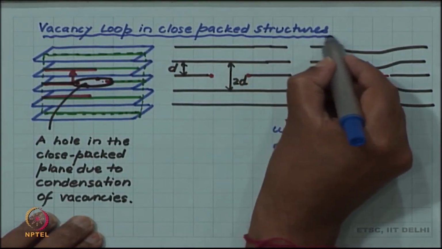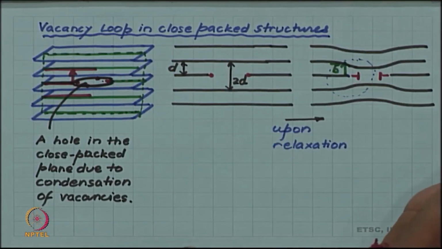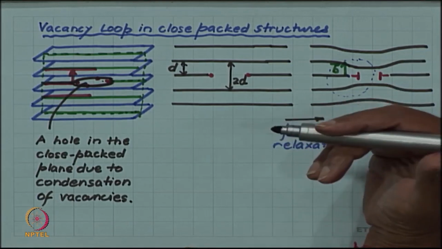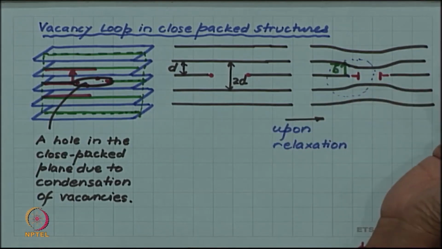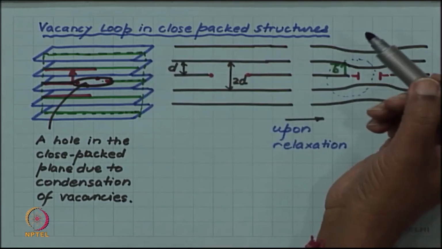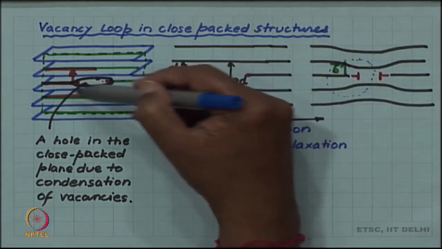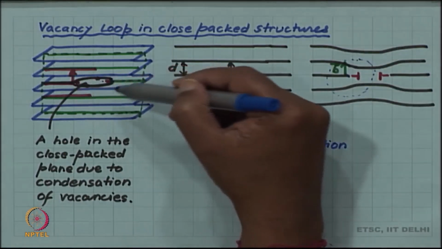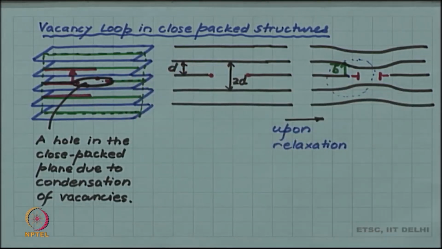This kind of situation occurs in metals which are quenched from higher temperature. At higher temperature there are a lot of vacancies in the crystal, and when suddenly they are quenched, these extra vacancies are available and the crystal wants to get rid of them, and one way of trying to get rid of them is to condense them into such vacancy loops.